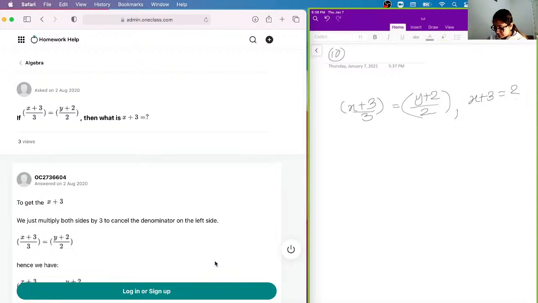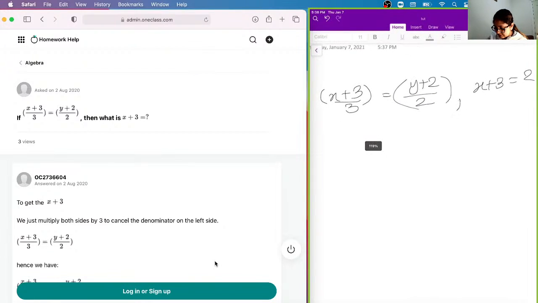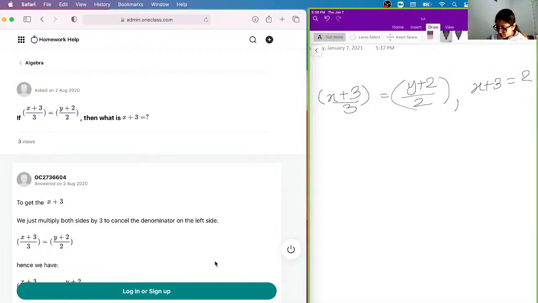So our first step, what we want to do is multiply both sides by 3 to cancel the denominator on the left side.